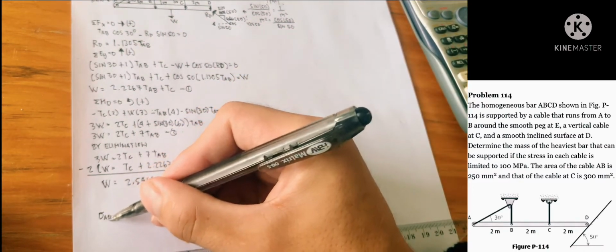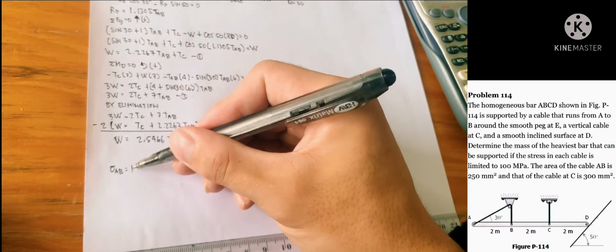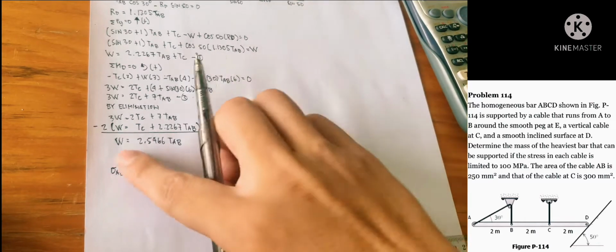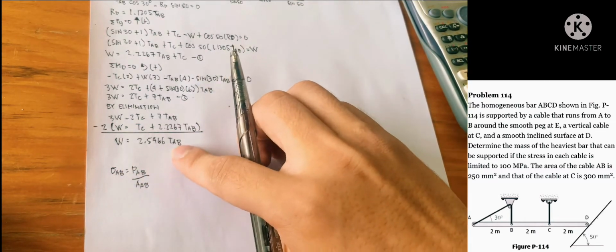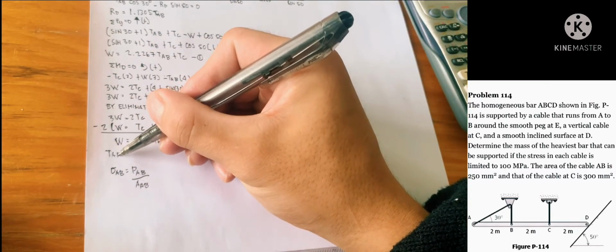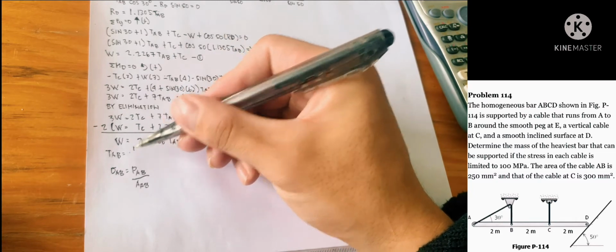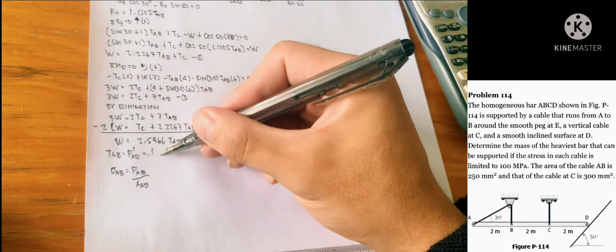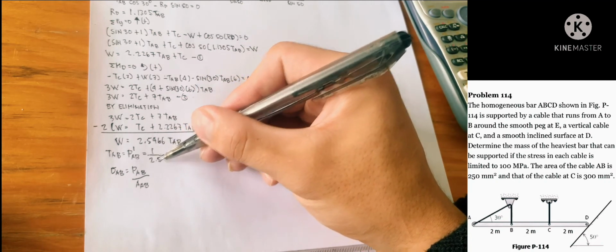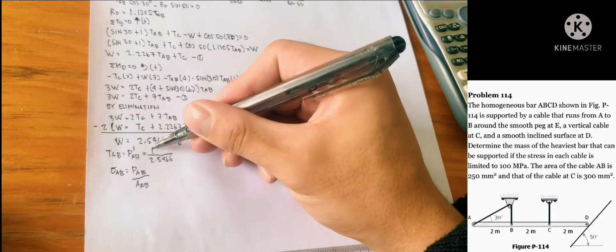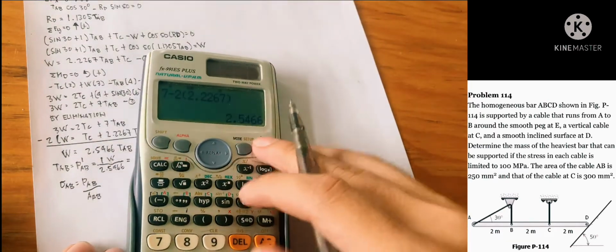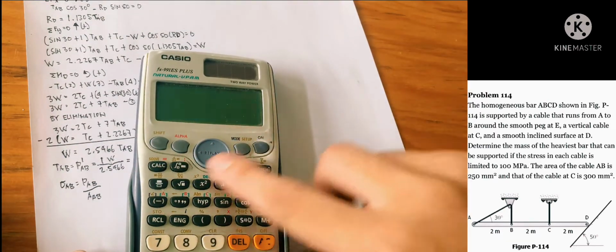So W, as you can see, we can already compute, right? We can bring out the AB, which is of course the load, our load will be W, that is simple algebra, 1 over 2.5466.